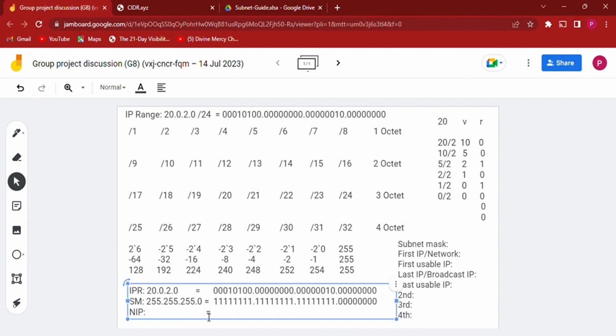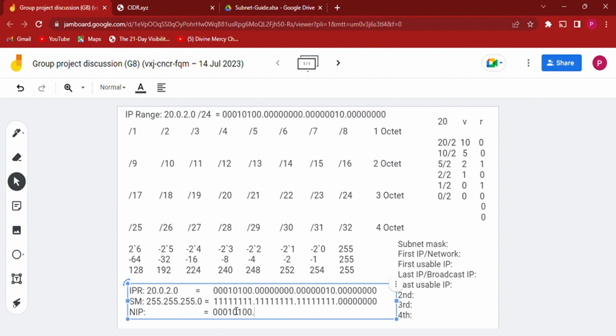Let's go together. 0 and 1 will give you 0. 0 and 1 is 0. 0 and 1 is 0. 1 and 1 is 1. 0 and 1 is 0. 1 and 1 is 1. 0 and 0 is 0. 0 and 0 is 0. Dot.